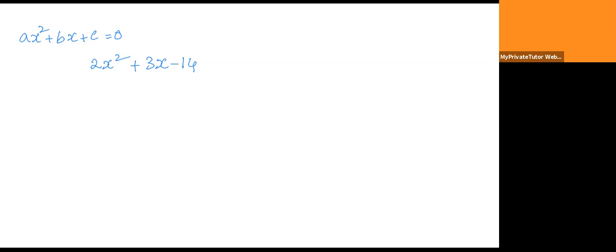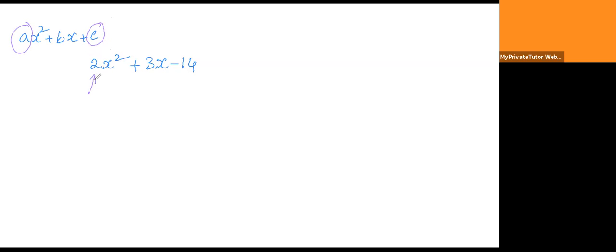We just need to multiply the A value and the C value. What is the A value? It is 2. Here we have an a value more than 1.